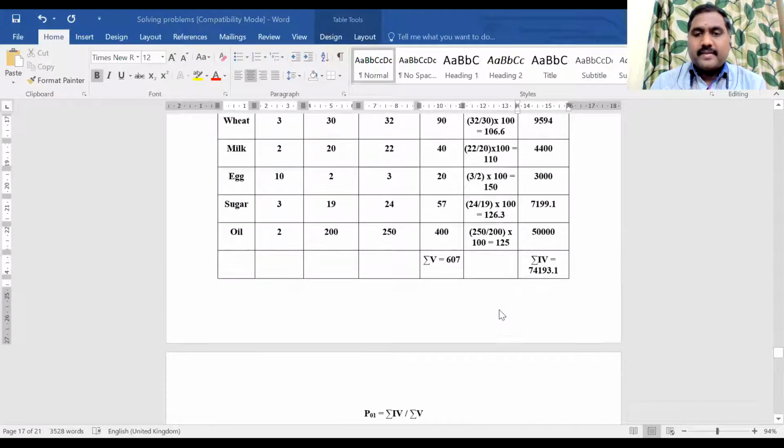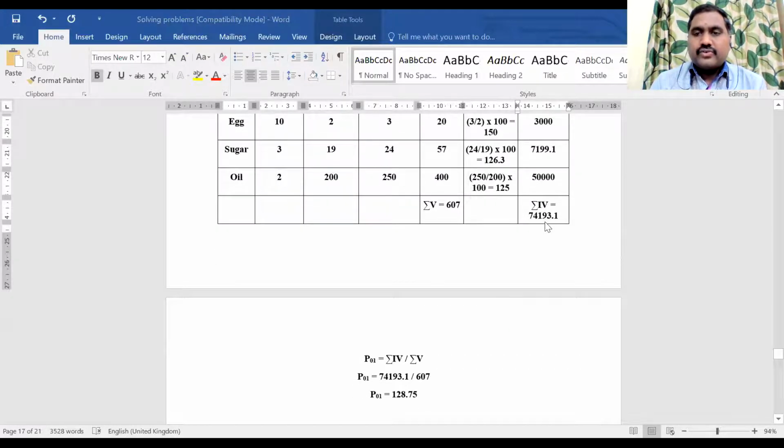Please clarify. 74,193.1 is the right answer. 74,198.5 is the right answer. Anyone can clarify so that we can find out the answer. 74,193.1 is the right answer. It's right only you took extra digit. But if you took extra digit also, there is a 5 difference you are getting.